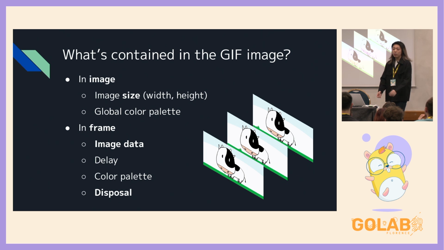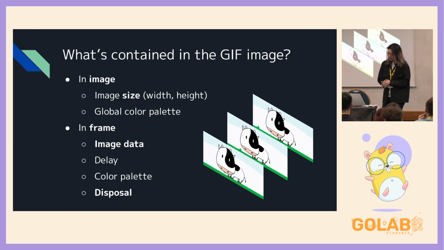Let's take a look at the whole image first. The image size, the width and height, refers to the overall dimensions of the GIF. The global color palette is a set of up to 256 colors that are available for the entire image. As for each frame, they of course have image data.